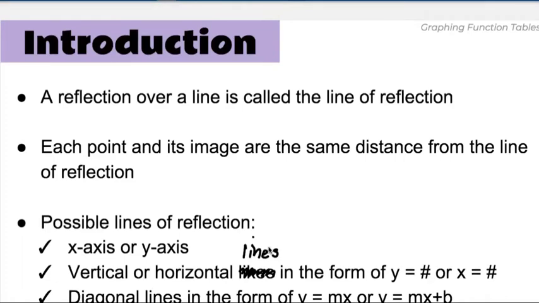So the x-axis or y-axis could be our line of reflection. A vertical or horizontal line could be the line of reflection. Or you could have a regular line, like the lines that we've been graphing, in the form of y equals mx or y equals mx plus b. So we have all different possibilities of how the line will reflect.